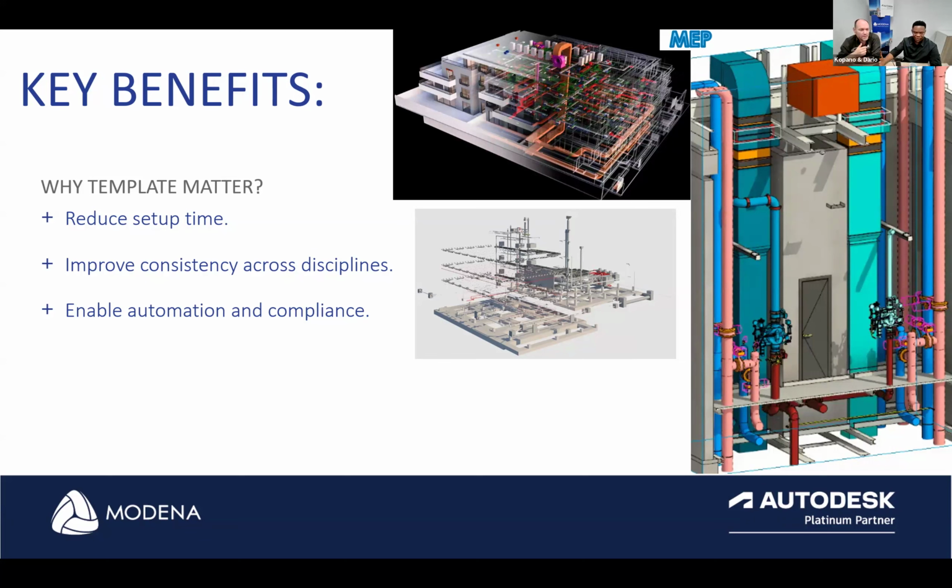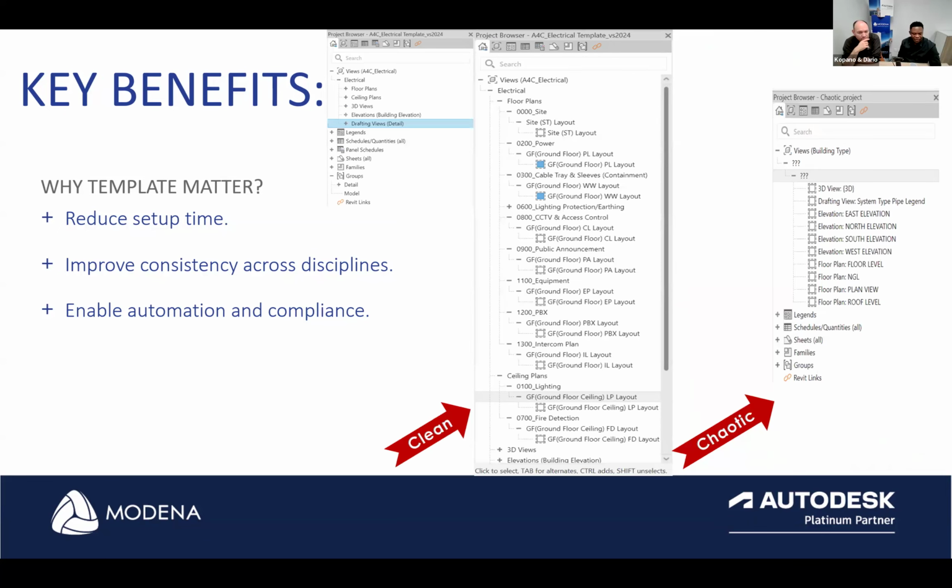Now, to ensure the quality that we have implemented, those quality checks, we need to ensure the methods into our MEP design and modeling workflow. Some of the key benefits still continue, and obviously within the templates you will see we have an organogram.